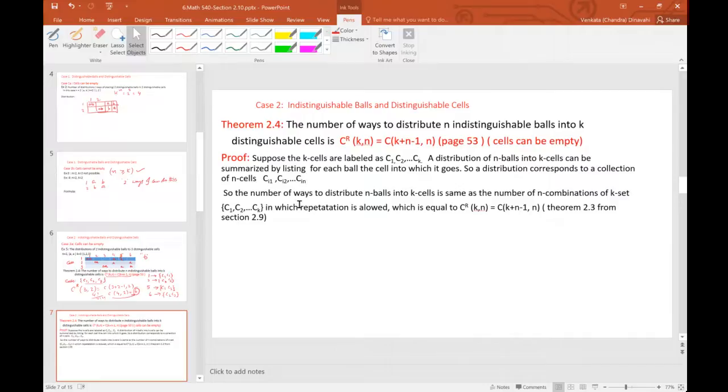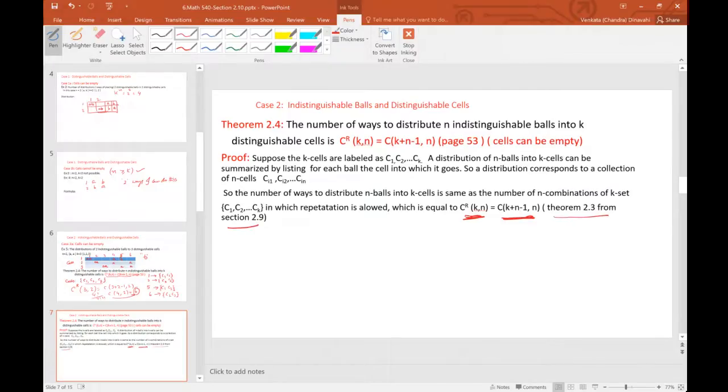The number of different ways of distributing is nothing but the number of ways I can select n items out of k items, that is n balls out of k cells, in which repetition is allowed and I don't care about the order. That is the reason it is a combination. That is given by this formula, and that is what we proved in the previous section.